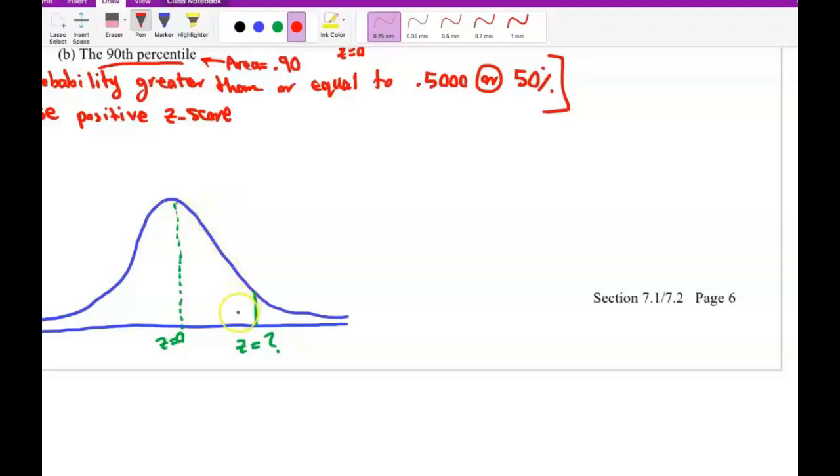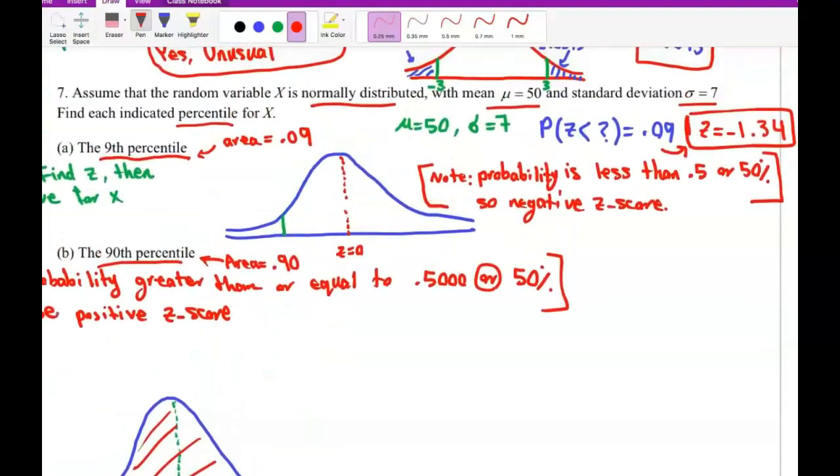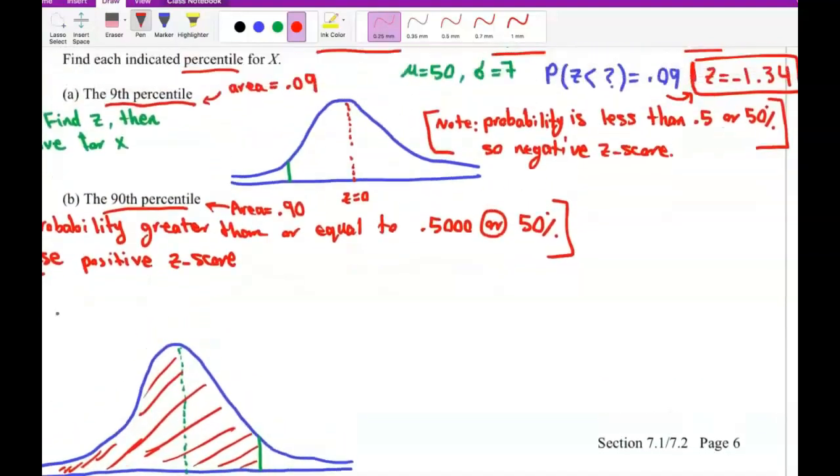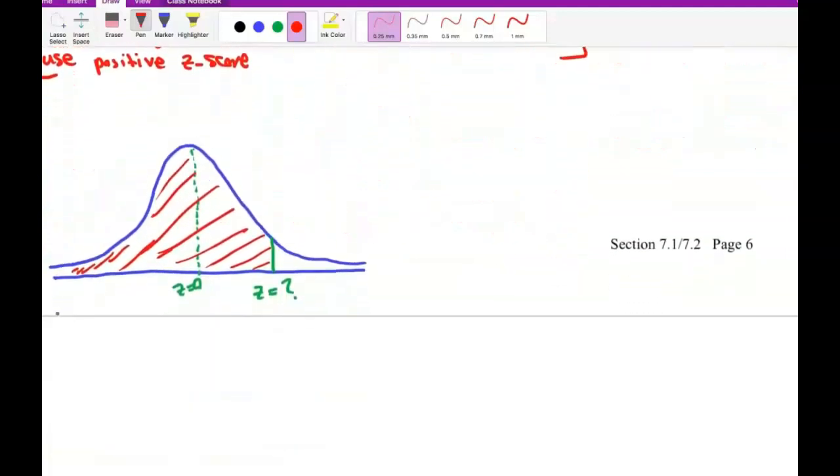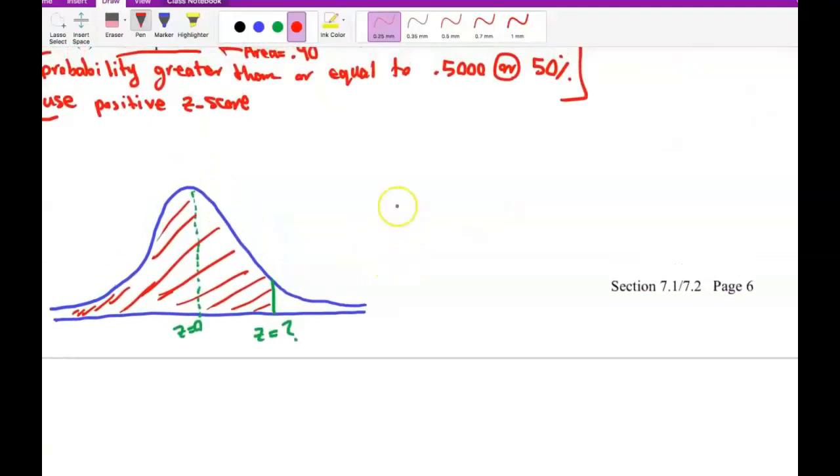And we need to find, okay. So here is what we have on this part, probability of Z less than some value is equal to area given as 90%, and we need to find Z.